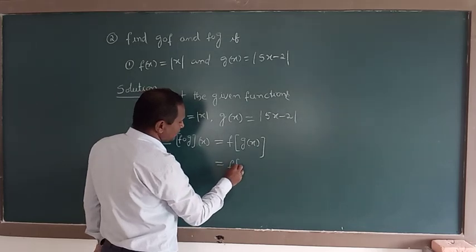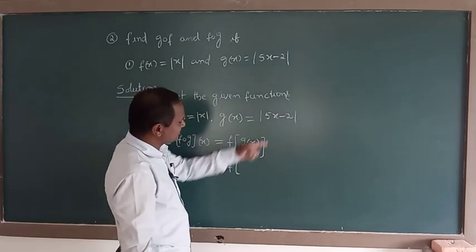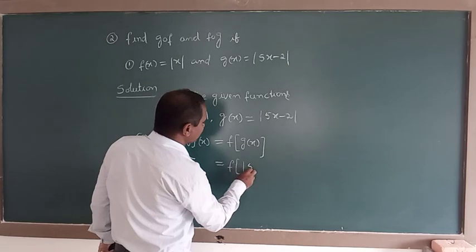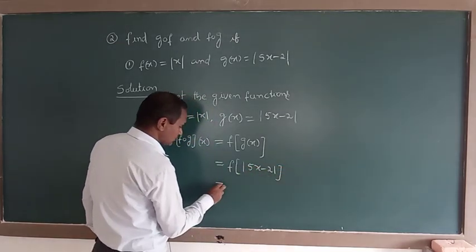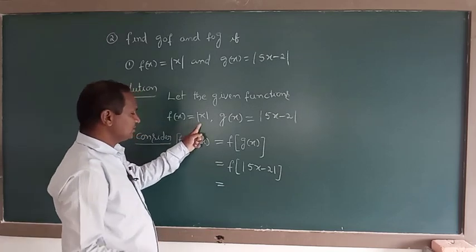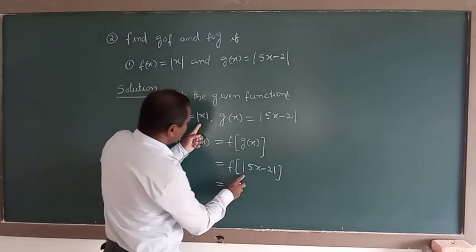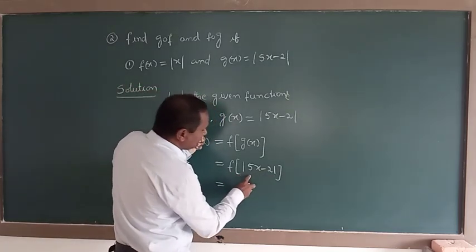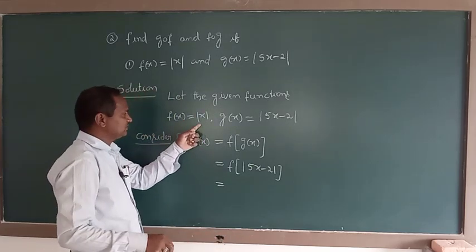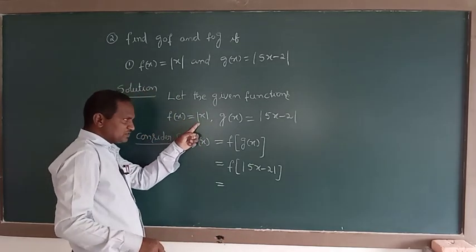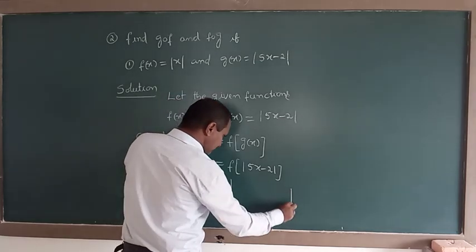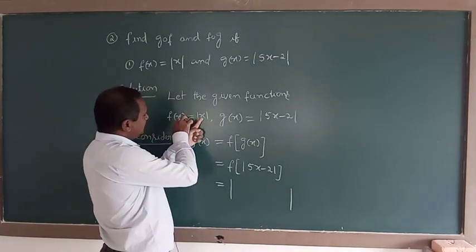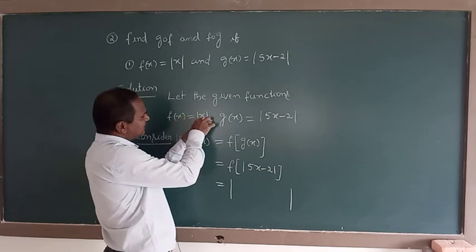f of, what is g of x? Modulus of 5x minus 2 here. What is f of x? Modulus of x. In all the x terms we have modulus of 5x minus 2. But f of x is modulus of x, so first you should write the modulus. x is there, for that we have written x.